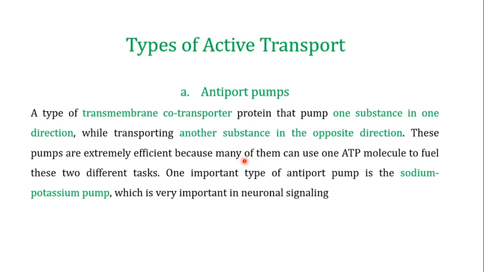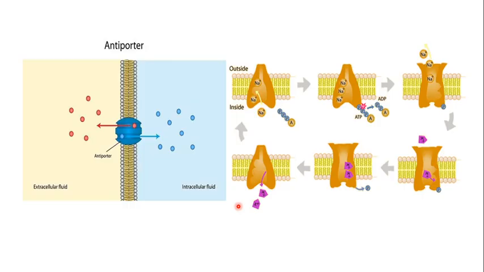One of the important types of antiport pumps is the sodium-potassium pump, which is very important in neuronal signaling. I have a detailed video on neuronal signaling, on how this sodium-potassium pump helps in the action potential, and I'll share the link in the description. As you can see here, the concentration of sodium is higher outside the cell and low inside the cell.